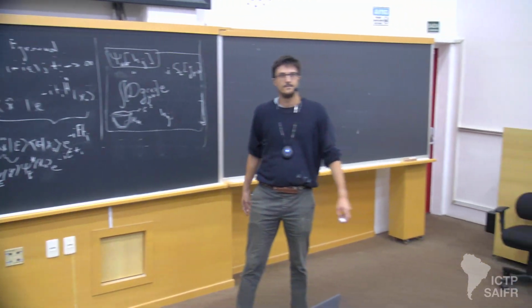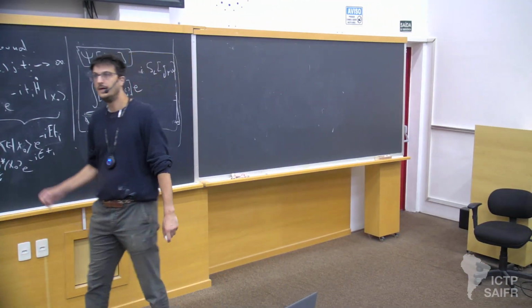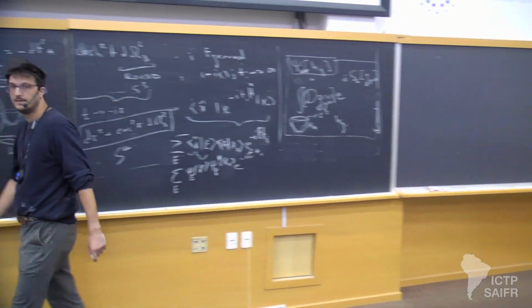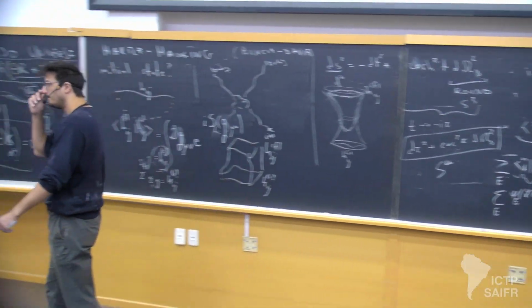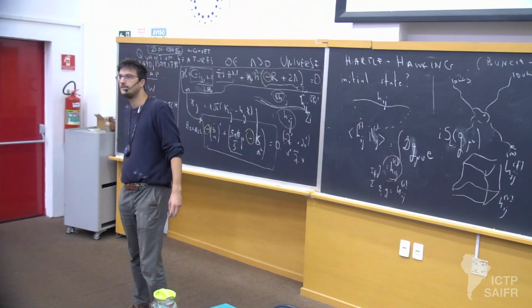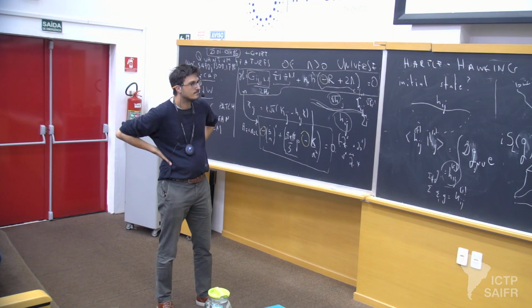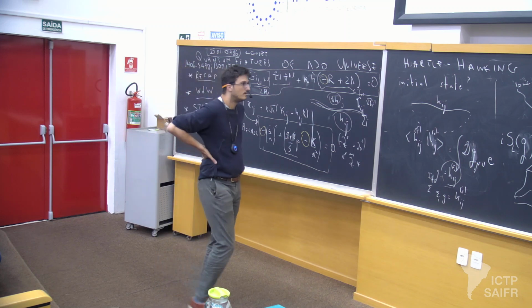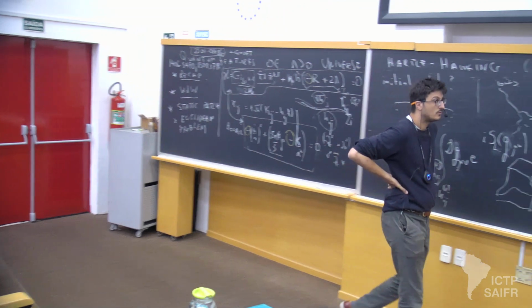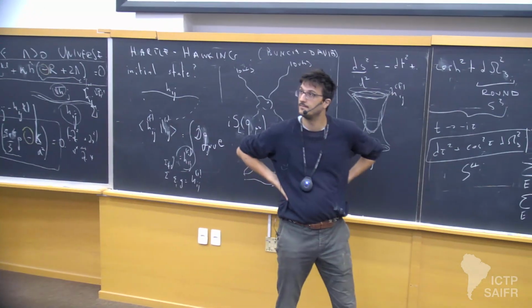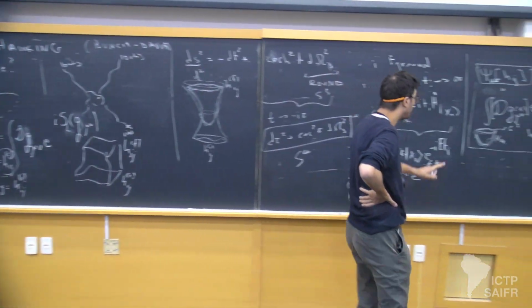Yeah. Here, in this sense, you define the curvature of the manifold that is closed or open. Not the curvature, the topology. The topology, yes. Yes, you specify the topology.